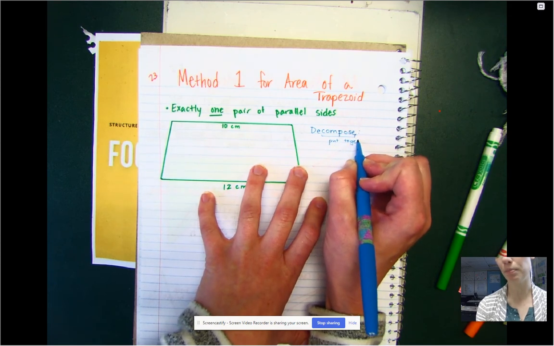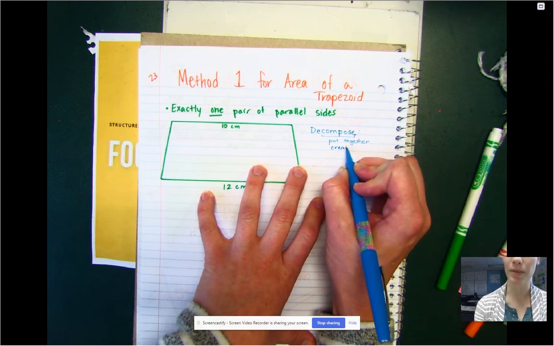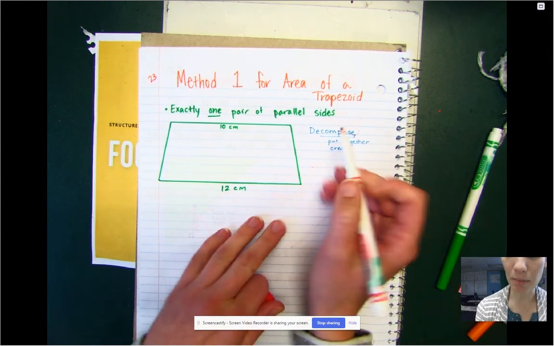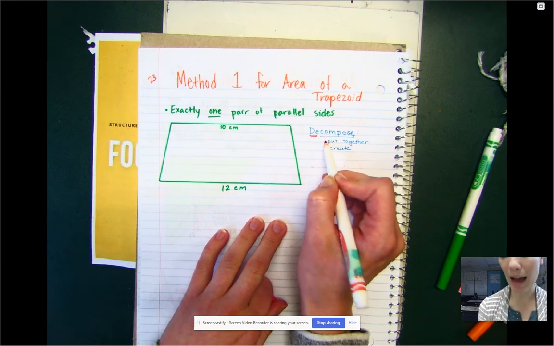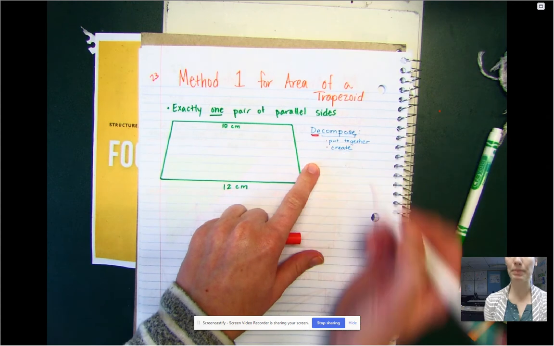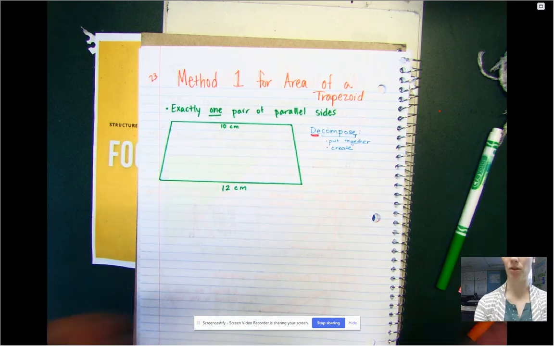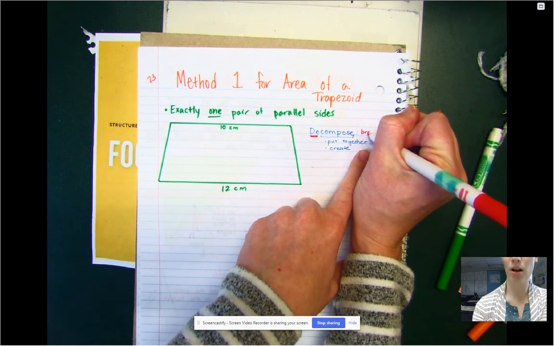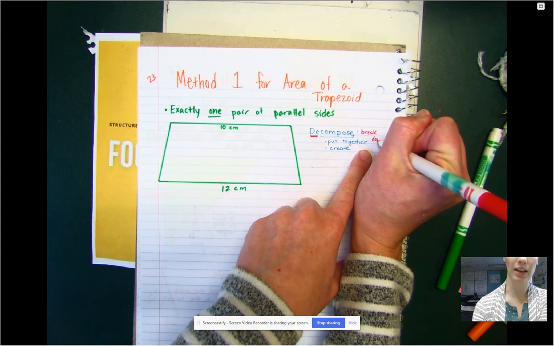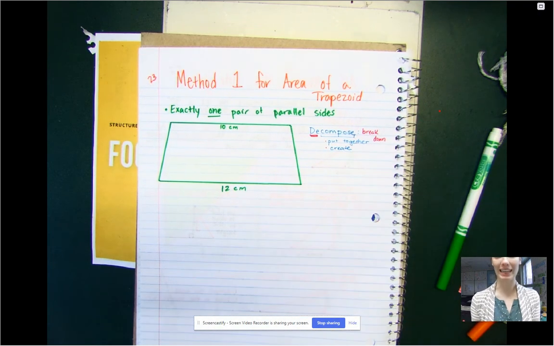So decompose is the opposite of putting together. It's breaking apart, the opposite of creating, it's destroying. So decompose means to take this figure and break it down into smaller figures, kind of like if something is decomposing in the forest, it's breaking down into smaller pieces.